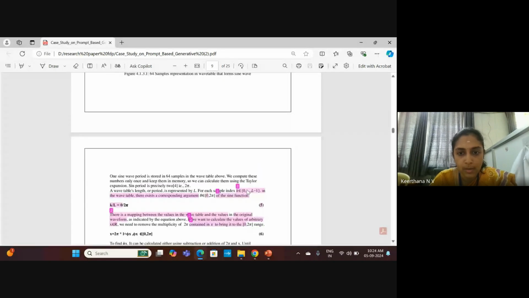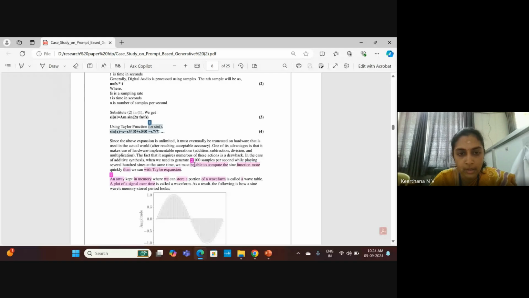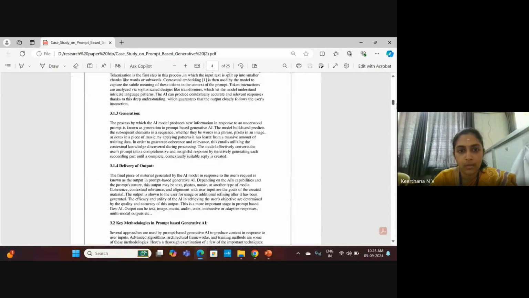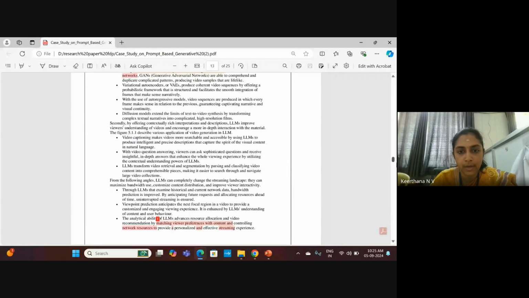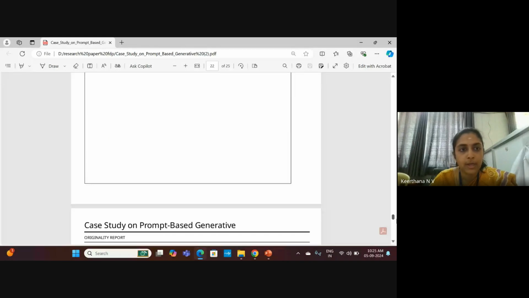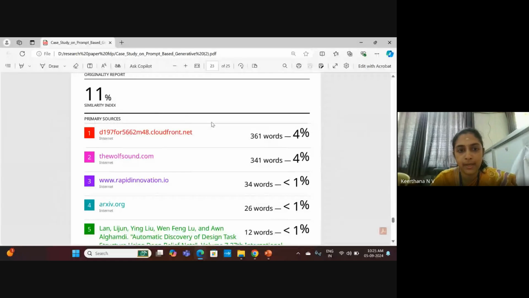See here, these are all plagiarism content. I checked this document using Urkund, and only similar content was found by the plagiarism tool. Initially, this document gave a total of only 11% similarity index.